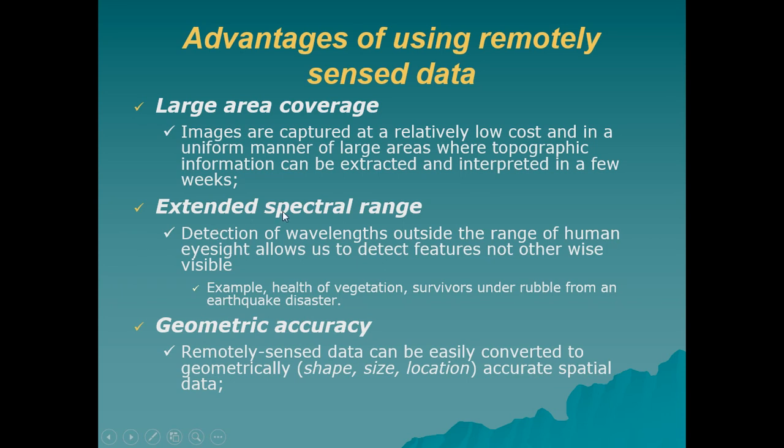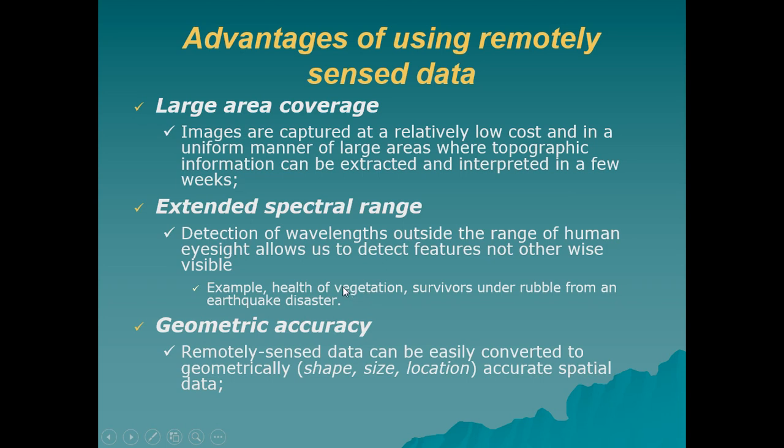For satellite data capture, they can capture extended spectral range. The same thing we were talking about before, that it can capture both visible and non-visible energy signatures. So detection of wavelengths outside the range of human eyesight allows us to detect features that would not otherwise be visible. For example, it can capture differences in the health of vegetation.